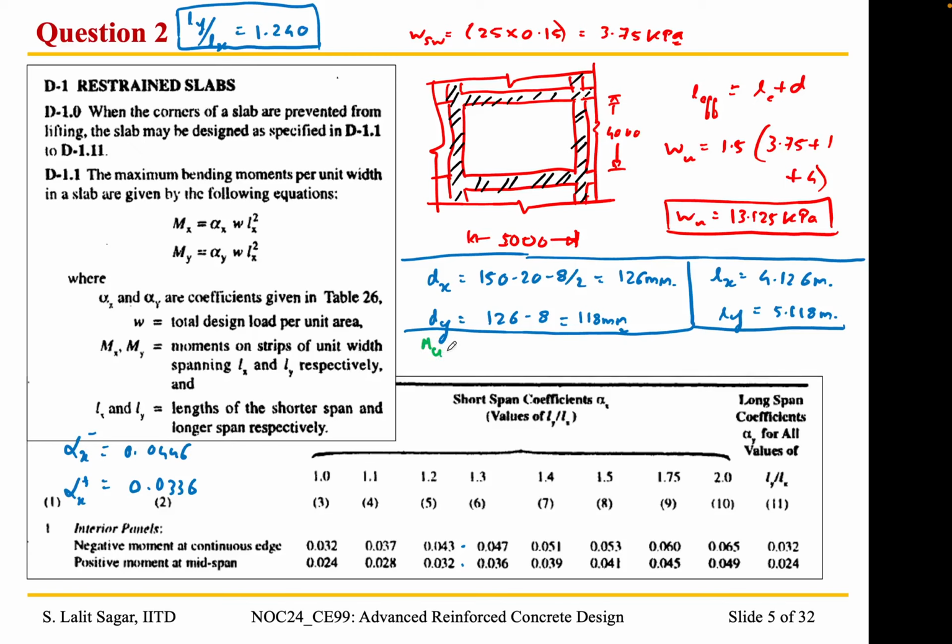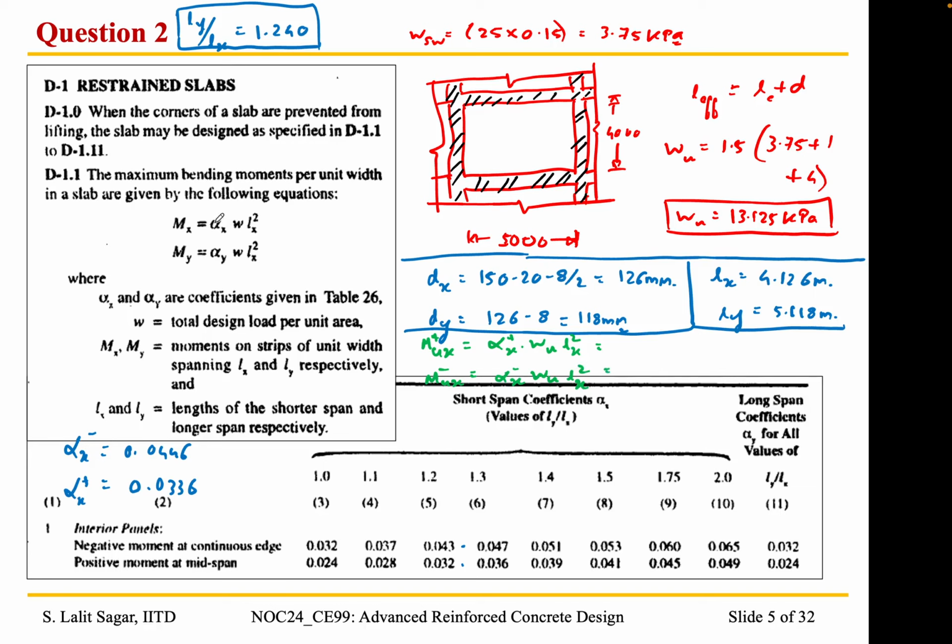Along the shorter direction, the factored moments Mux positive and Mux negative would be: Mux positive is alpha x positive Wu Lx square, and Mux negative is alpha x negative Wu Lx square.